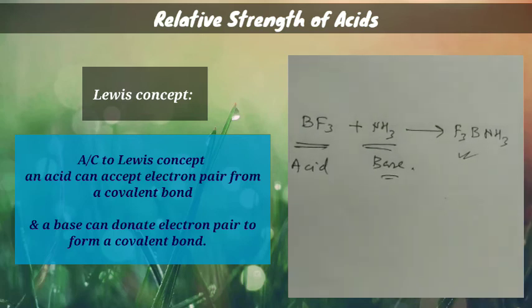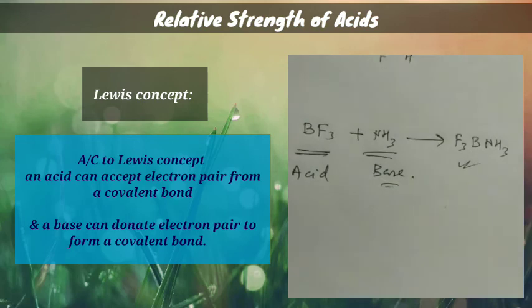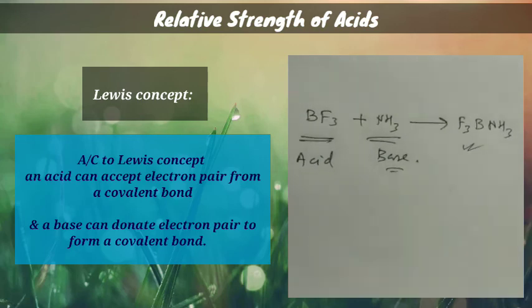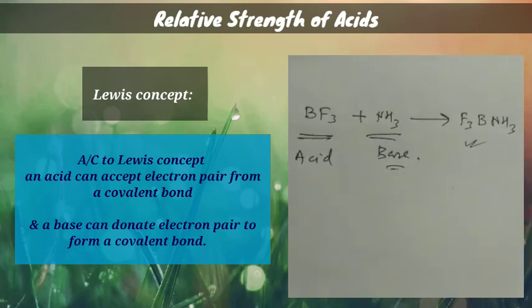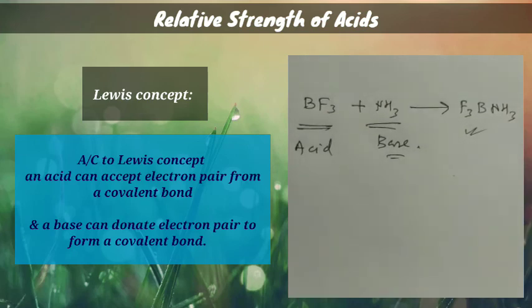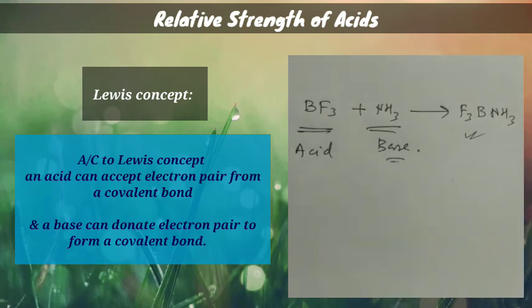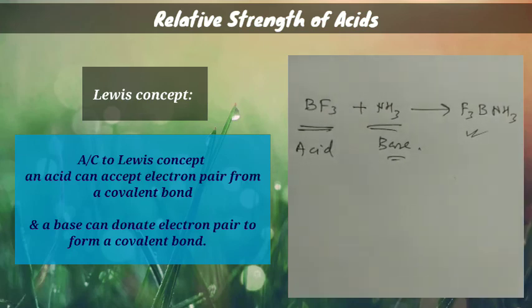That one was your first concept, and this one is your Lewis concept based on electron pair. Okay, hope you understand this strong, moderate and weak acid or base, that means the electrolytes.